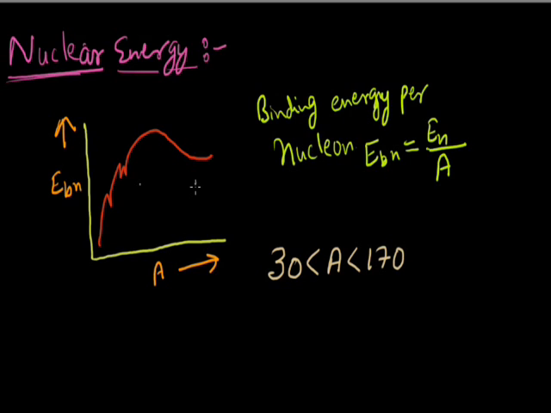For A greater than 170 and for A less than 30, the nuclei of these elements have a tendency to, if let's say it is a heavy nucleus, then they are unstable. They have a tendency to convert themselves into two nuclei of lower atomic mass.